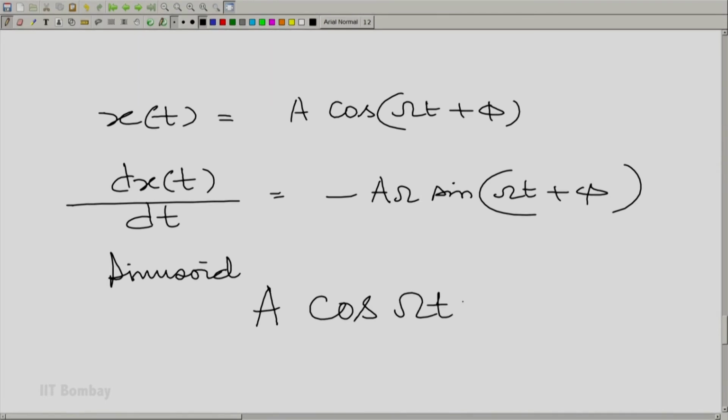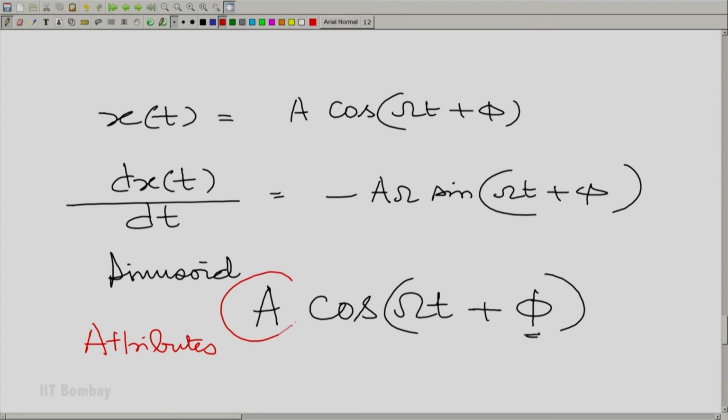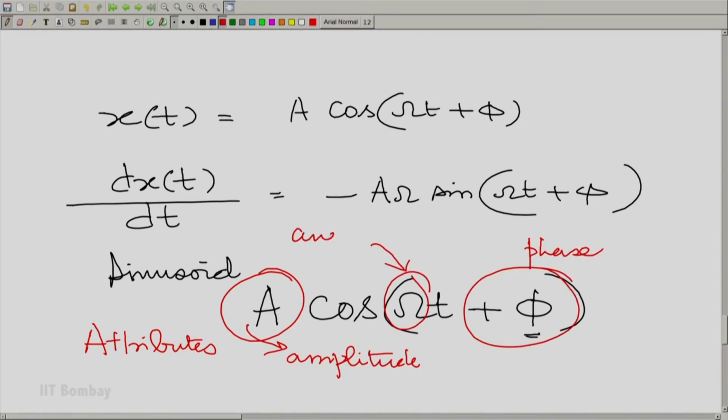It does not matter whether I write cos(Ωt + φ) or sin(Ωt + φ), it is essentially a matter of a different angle here. But what does matter is the other three attributes. What are the attributes of the sine wave? This is the amplitude, this is the phase, and this is the angular frequency.